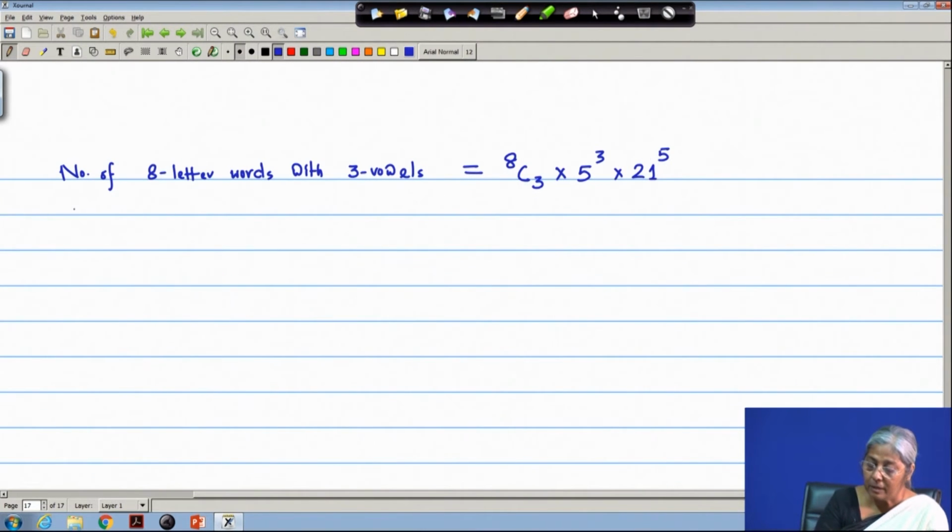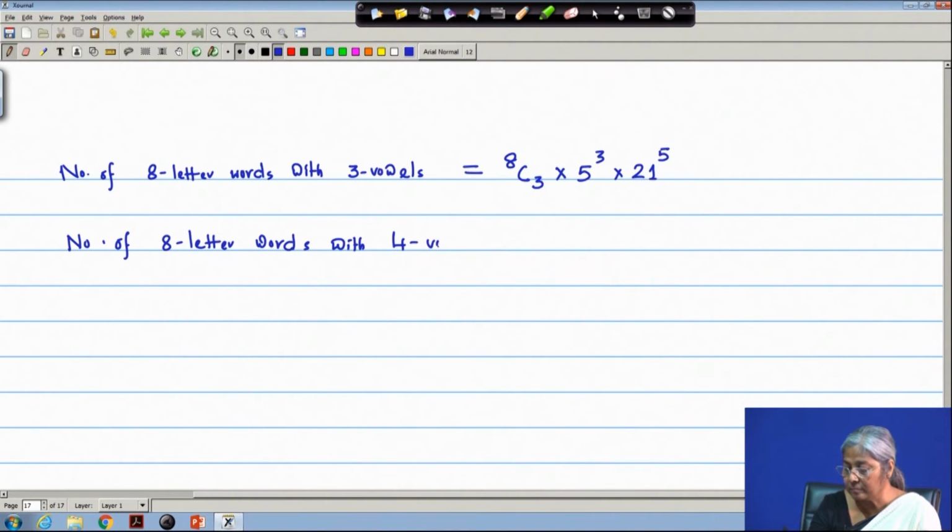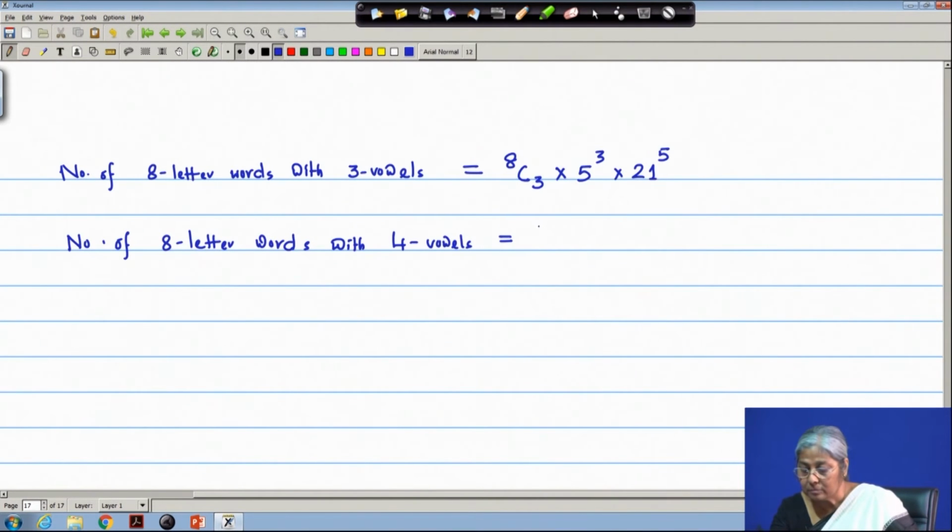Now, if we extend the idea, the number of 8 letter words with 4 vowels will be 8C4, since I can choose 4 vowels from 8 positions.